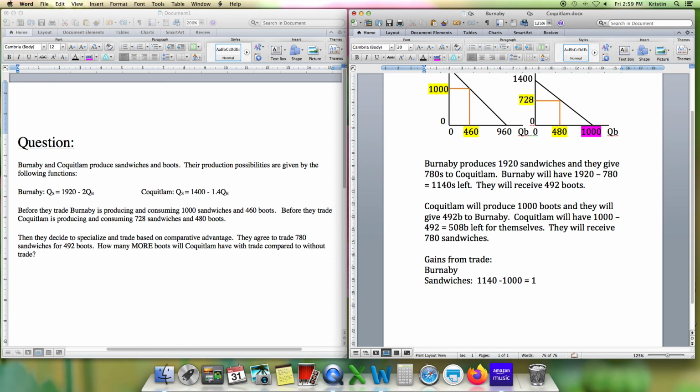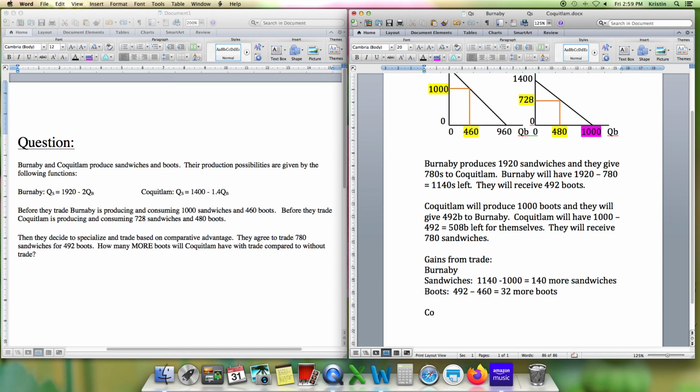So they have 140 more sandwiches. And now boots. With trade, they got 492. And before trade, they had 460. So that's 32 more boots.